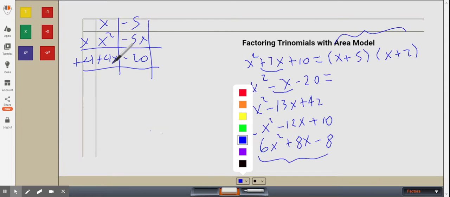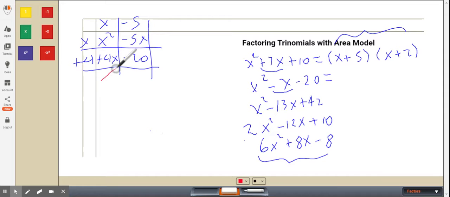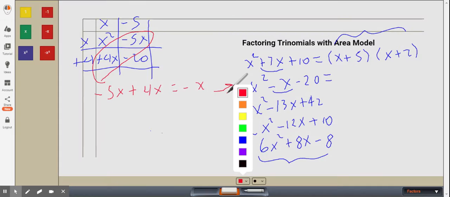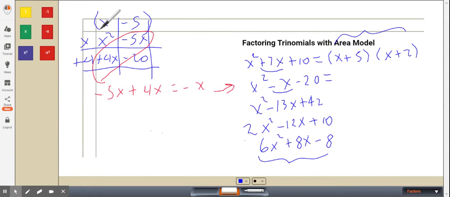And again, when I look at my red diagonal, I can see that if I were to do negative 5x plus 4x, my answer is negative x, which matches my middle term in my trinomial here. Perfect. So that's the second example. And you can see the factors are going to be x minus 5 and x plus 4.